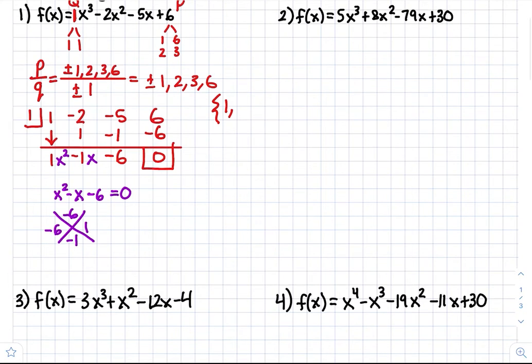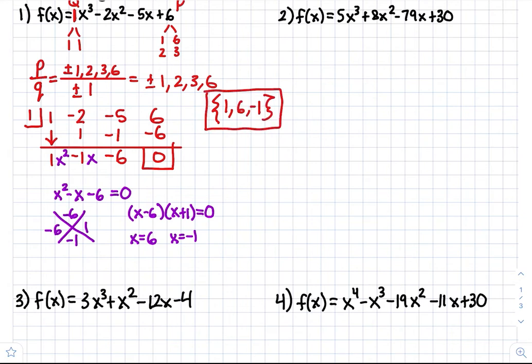So what you guys should do is you should be able to get x minus 6 times x plus 1 as your guys' factors. And for this one, x is going to be 6 and x is going to equal -1. So our zeros are 1, 6, and -1. And that's what you guys should have gotten for your answer for number 1.